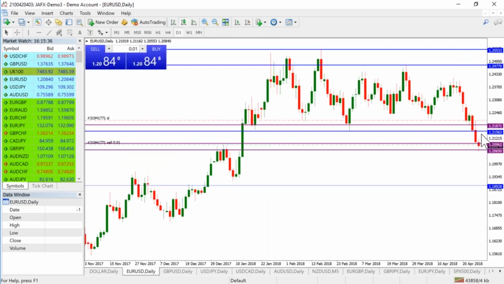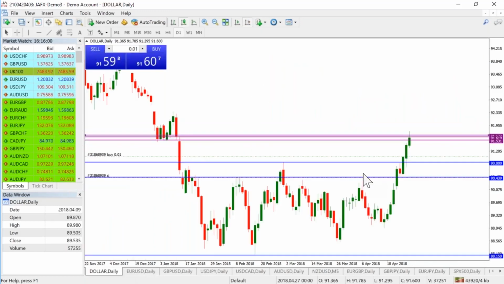Let me show you that same line in the euro dollar, which was the same line as the 90.88 in the dollar index: it's the 21.56. It's the same level. Because we trade daily time frames, we take different decisions regarding entry and exit, and a lot of this move occurred in a very short period of time.